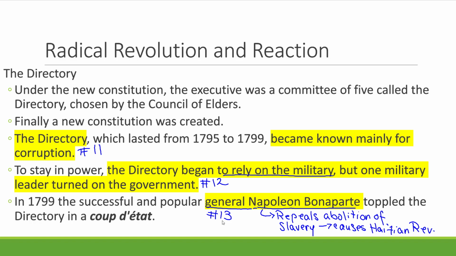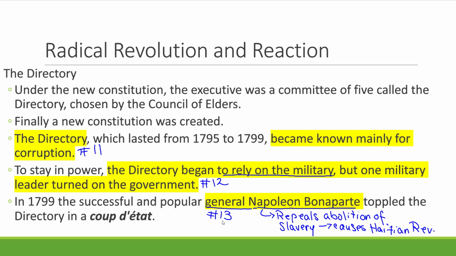So that four-year period, seeing the Directory in that corruption, was a great opportunity for one to sneak up in the ranks and launch a coup d'etat, right?